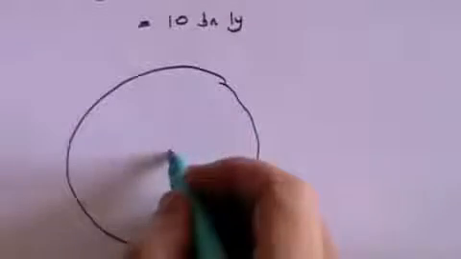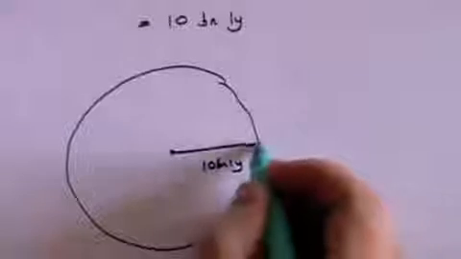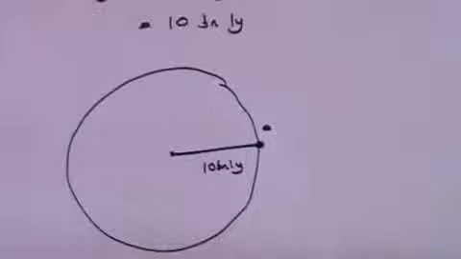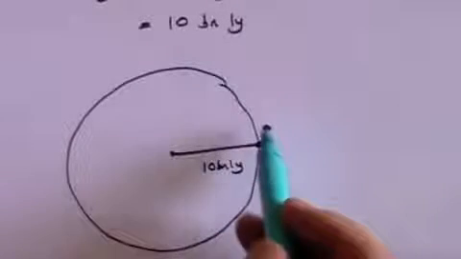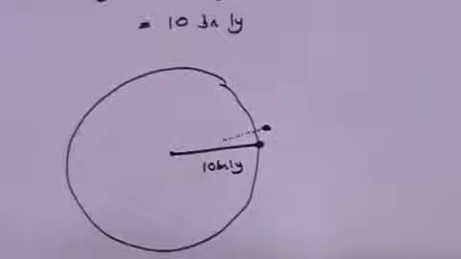And that means that any object which is further than 10 billion light years away from us, so let's take an object that's just outside that circle, we will never ever see, because a photon leaving that object will never arrive, because space is expanding faster than the photon can travel.